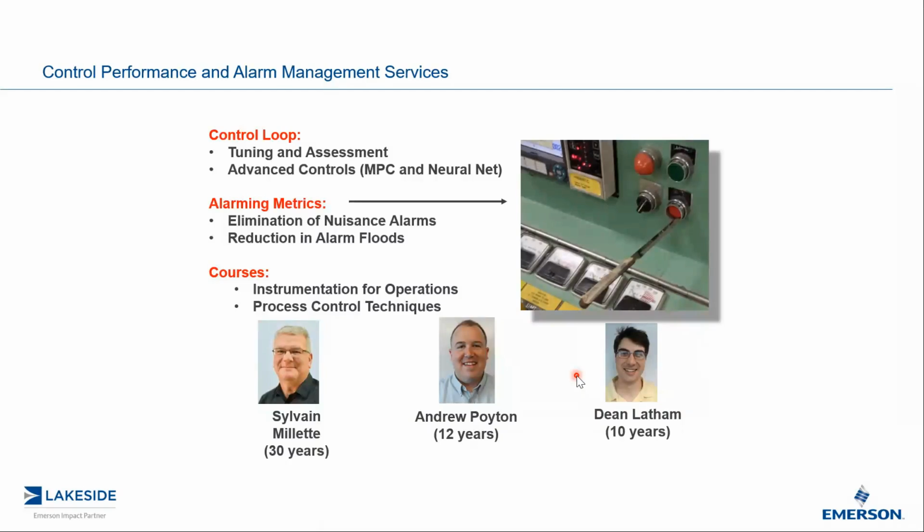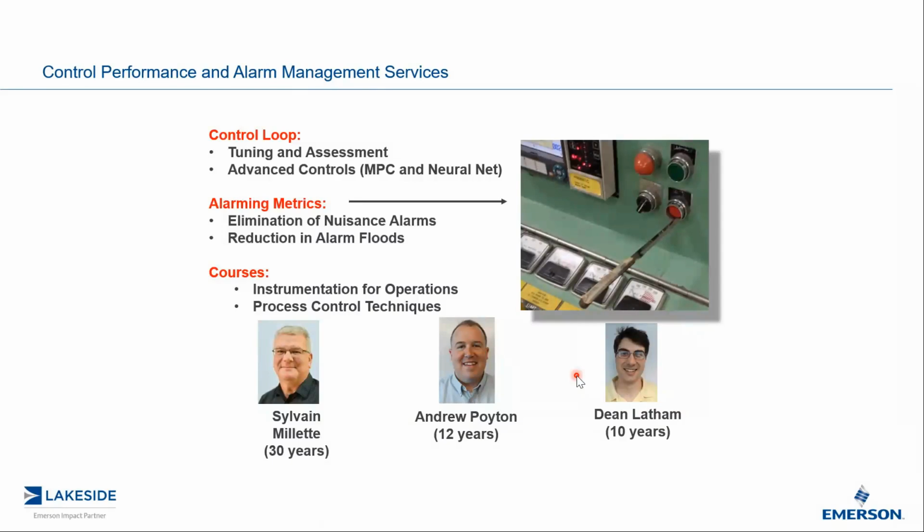Anyone who's done a DCS project will probably agree that the DCS alarm portion of a DCS project is probably the red-headed stepchild of the project itself. We don't really pay attention to it until the very end, and then we just arbitrarily set all the high alarms at 80% and the high-high alarms at 90%, and off we go. And then when we start up, we have the alarm banners full of nuisance alarms.